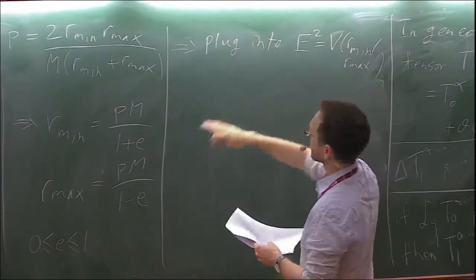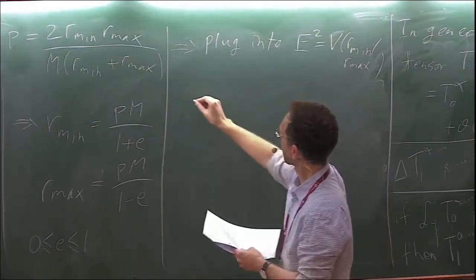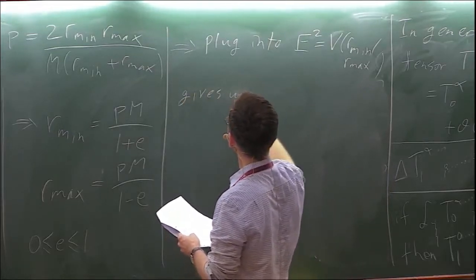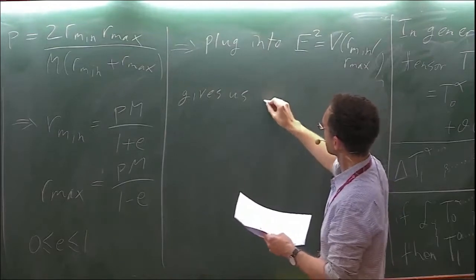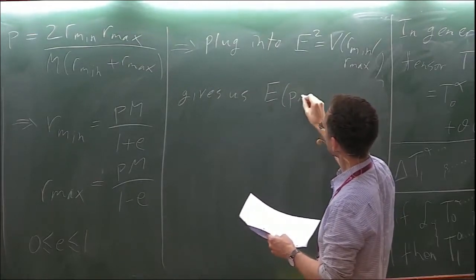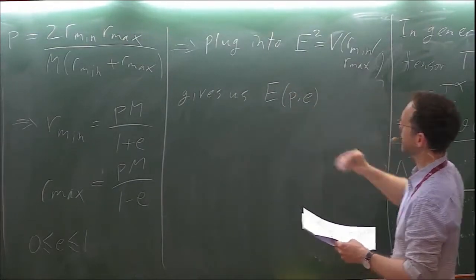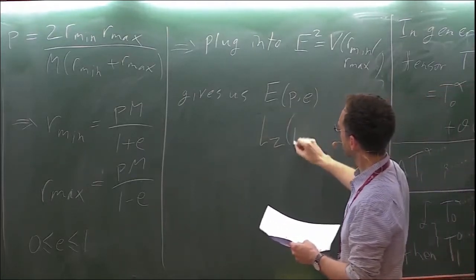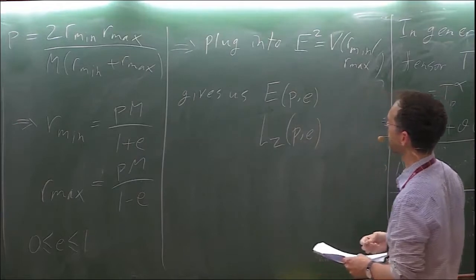We plug these expressions in here, and that gives us equations for capital E as a function of p and e, and Lz as a function of p and e.